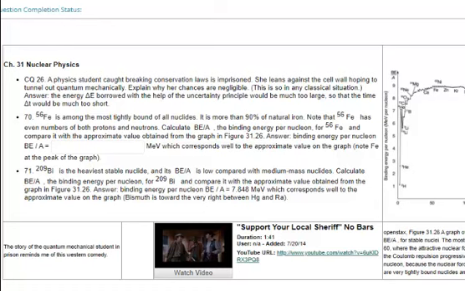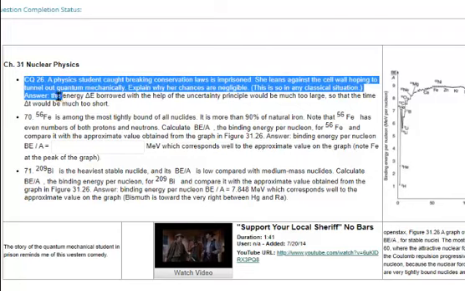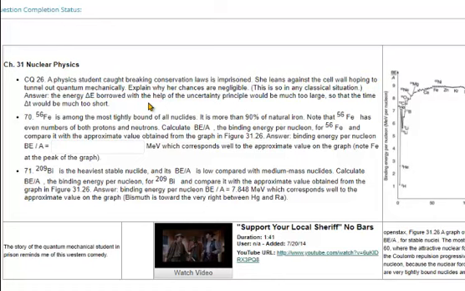So here are a few problems for chapter 31 on nuclear physics. The first one is a conceptual question. I let you look at that, and the answer is already provided here. A physics student caught breaking conservation laws is imprisoned, and then she leans against the cell wall hoping to tunnel out quantum mechanically.